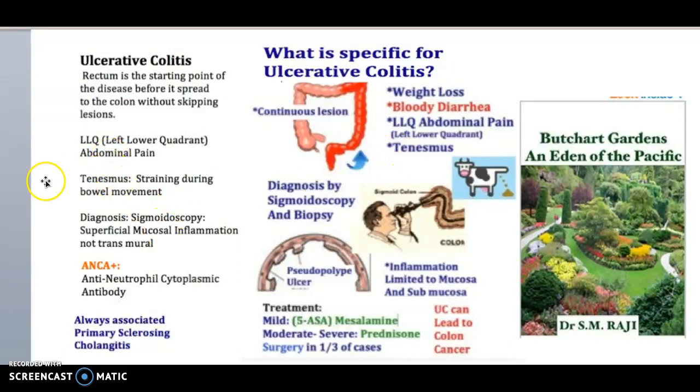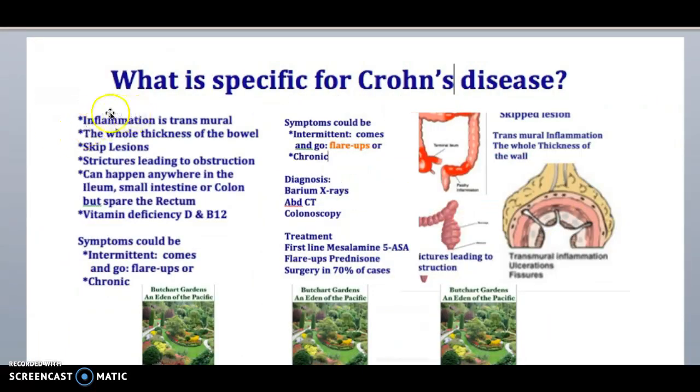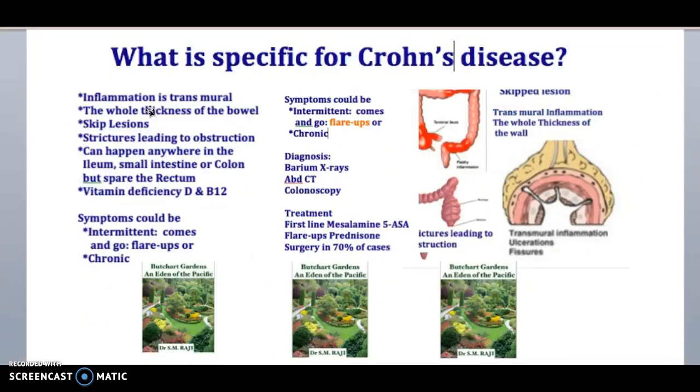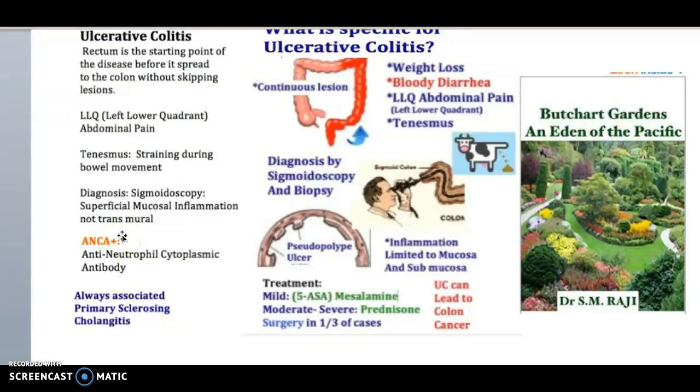For the diagnosis, sigmoidoscopy and superficial mucosal inflammation. And don't forget, contrary to ulcerative colitis, inflammation in Crohn's disease is transmural, as we can see here. There's also p-ANCA positivity, which is anti-neutrophil cytoplasmic antibodies, and it is always associated with primary sclerosing cholangitis.